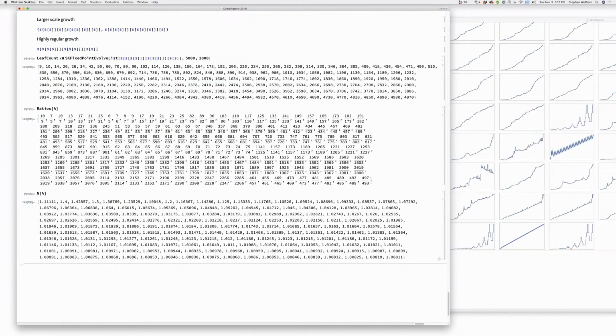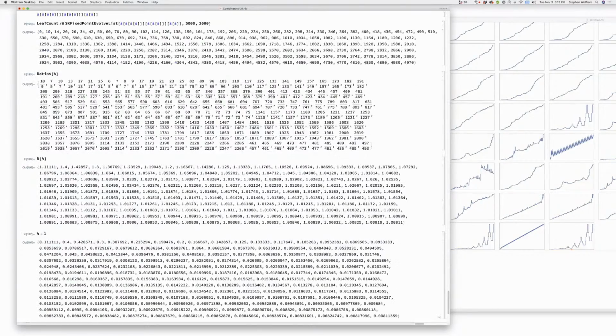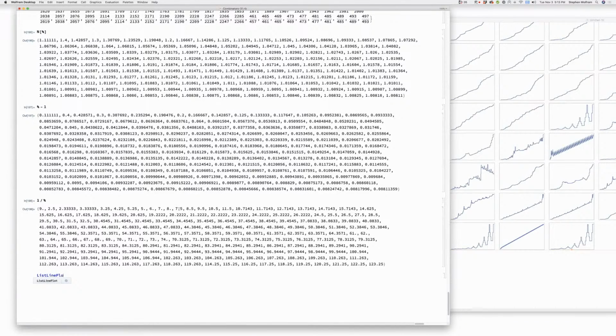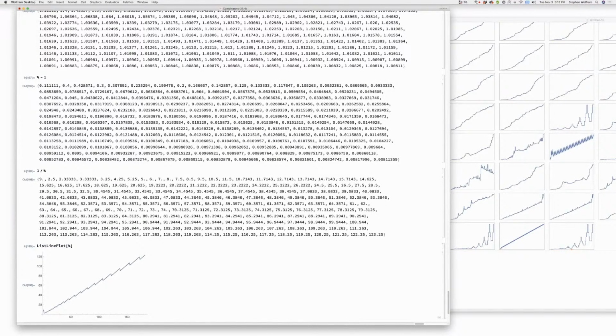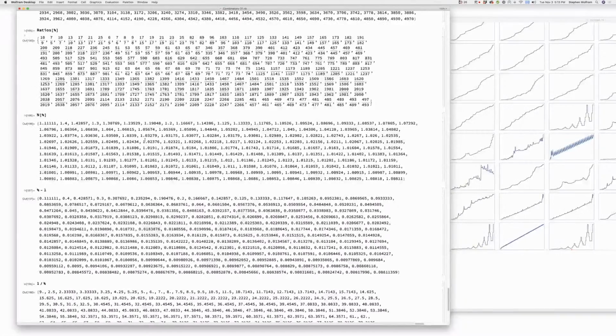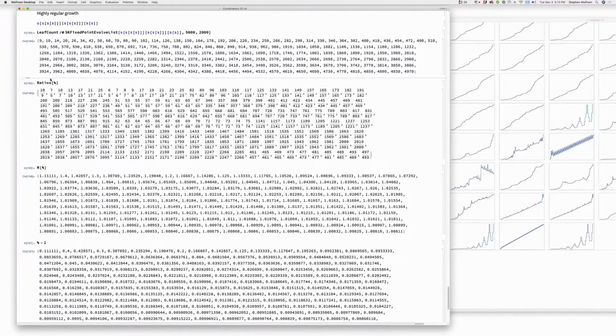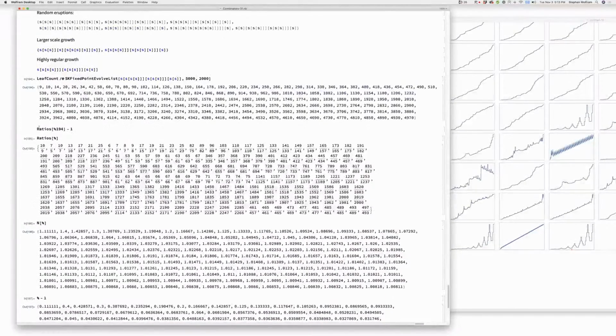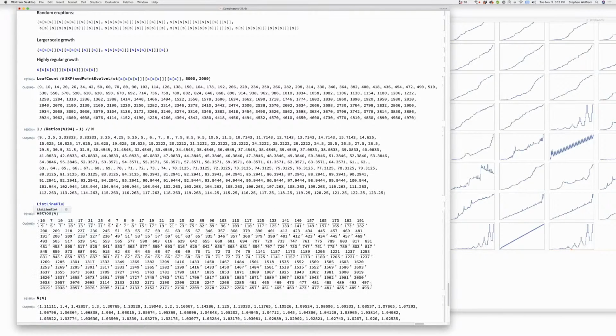Okay, now I'm going to look at that minus 1, and then I'm going to say 1 over that, and then I'm going to ListLinePlot that. Oh, fancy that. A straight line. Okay, let's just pull those things together. So that was ratios minus 1, and then 1 over those ratios. And then ListLinePlot.